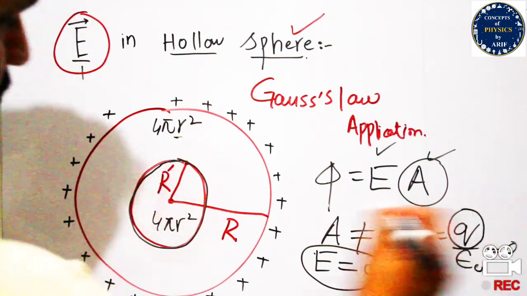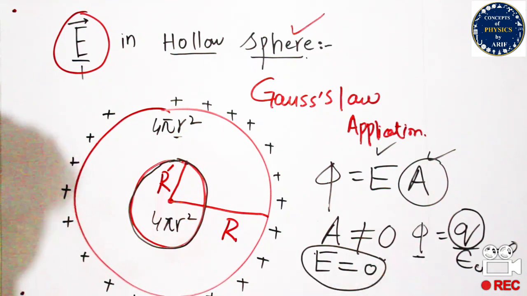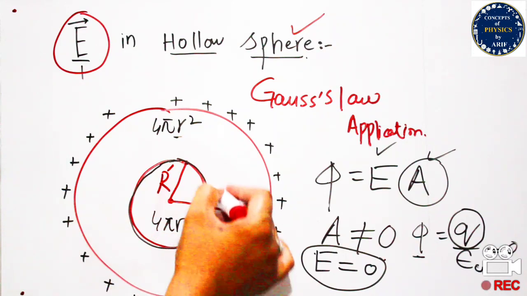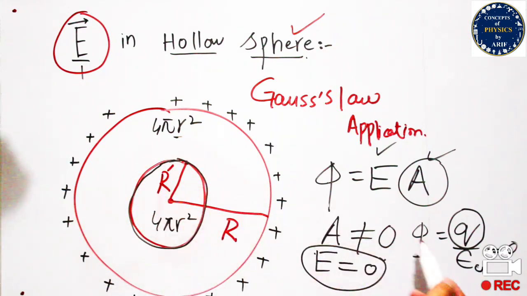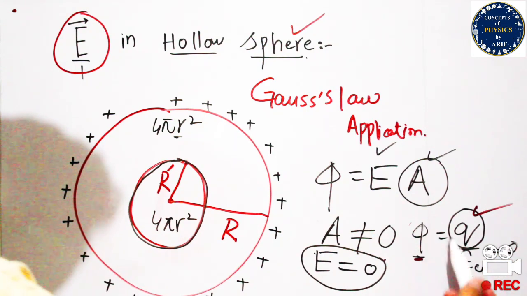This is because area cannot be 0, as the area of any physical sphere depends on radius.